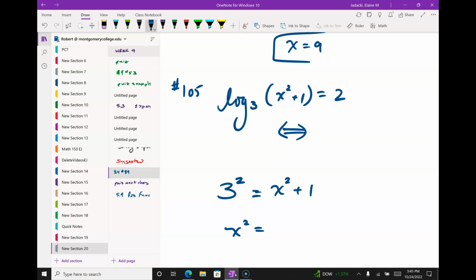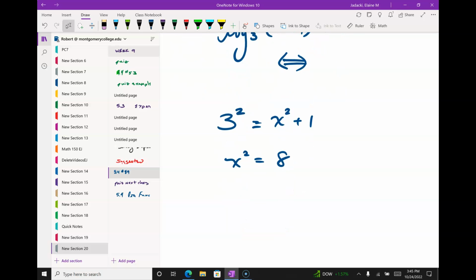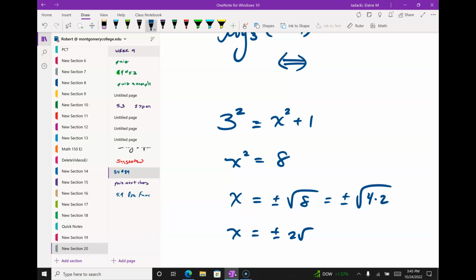Almost, other way. 8, right? 9 minus 1. So x equals plus or minus square root of 8, which is plus or minus square root of 4 times square root of 2. So x is plus or minus 2 root 2. Hopefully you remember doing all of that stuff in Algebra 2, when you were solving quadratics.